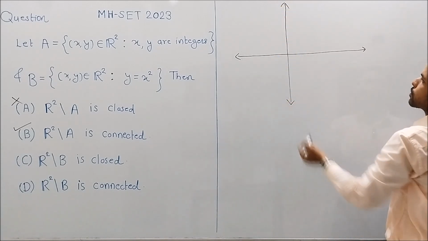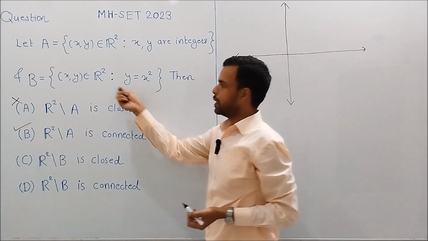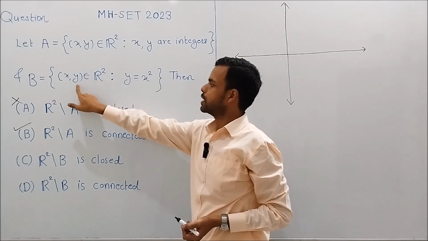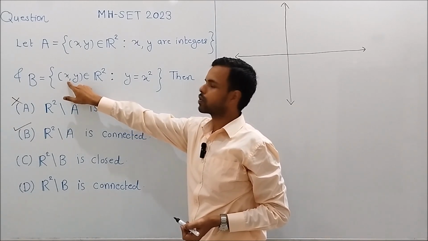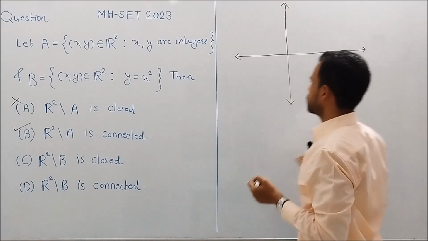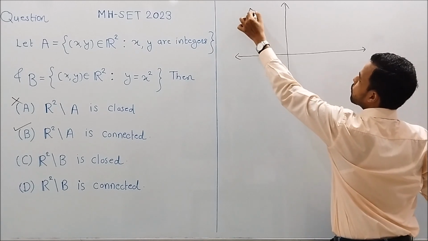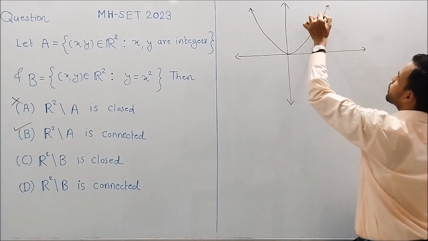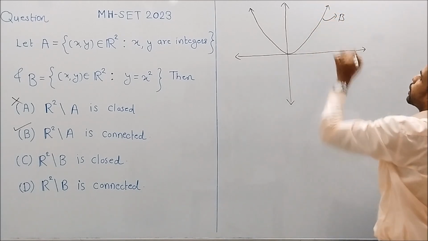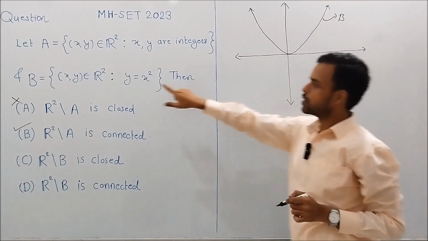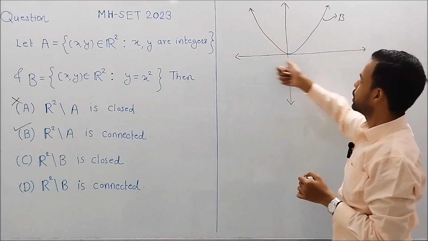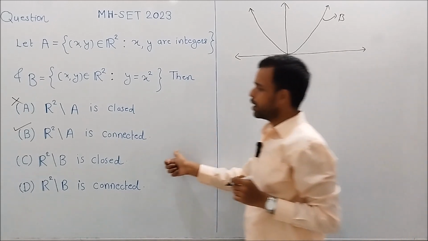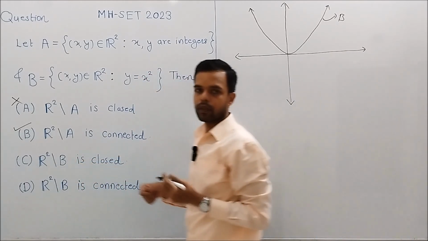What is B? B is the set of ordered pairs belonging to R2 such that y equals x square, that is, second coordinate equals first coordinate square. So it is a set of points which lie on this parabola y equals x square. So what will be R2 minus B?